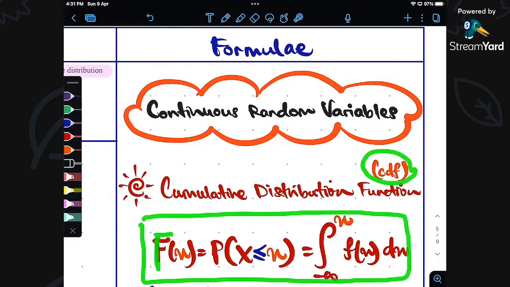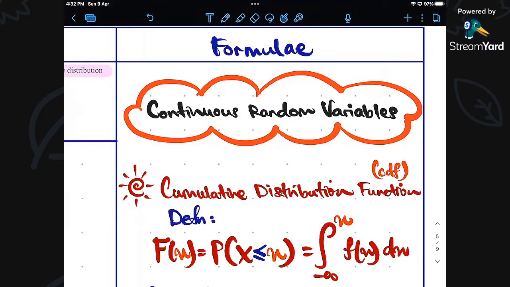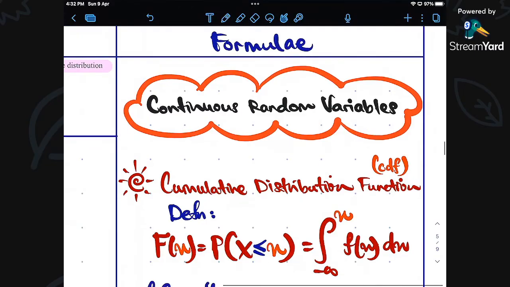Big letter F of x is equal to the probability of big letter X less than or equal to small letter x, which is equal to the integral of the function small letter f, please highlight it, and then we integrate it with respect to x from the limit of negative infinity until x. That is the definition.